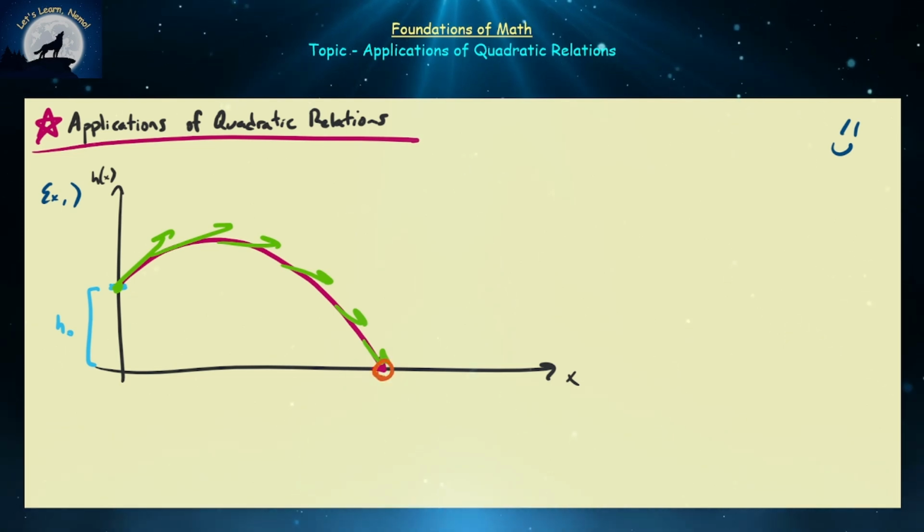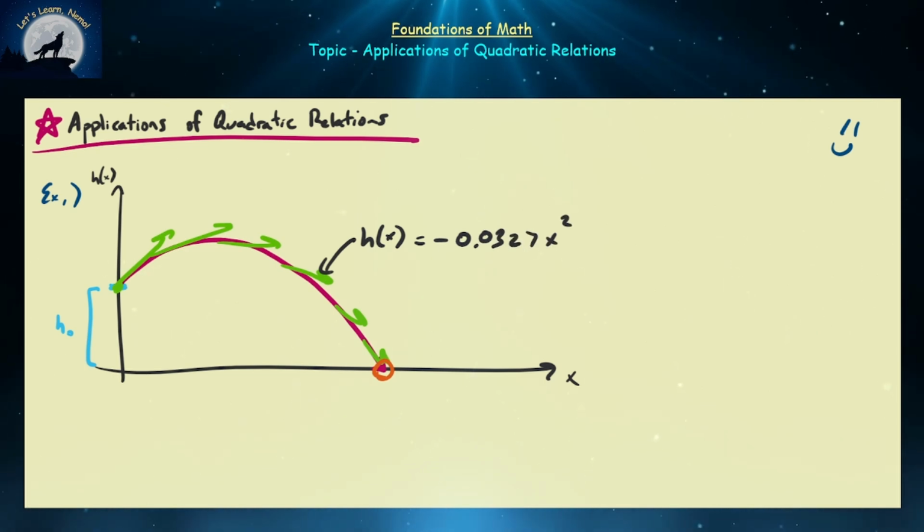Let's assume that this actually does follow a parabolic path, and let's assume that this parabolic path is characterized by the quadratic relation h of x is equal to negative 0.0327 x squared plus 1.12x plus 7.32.